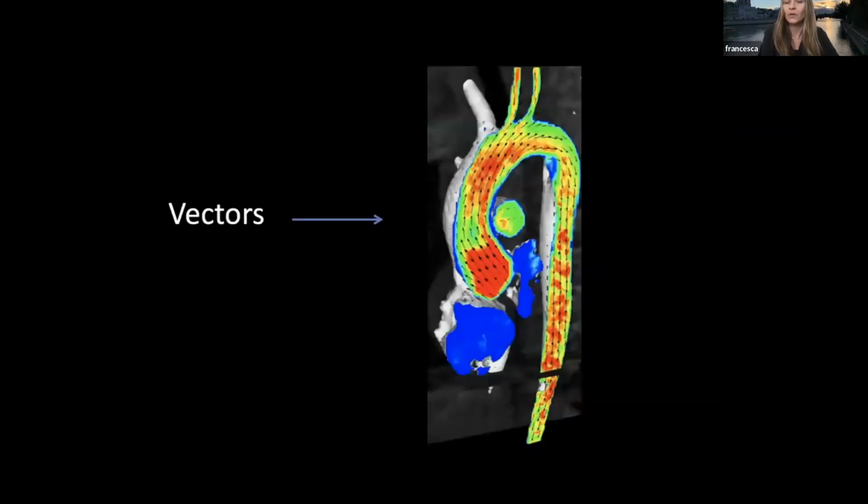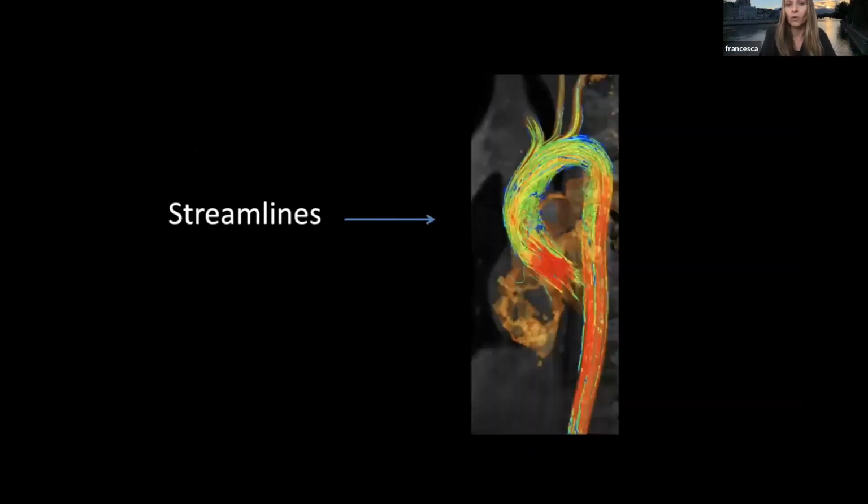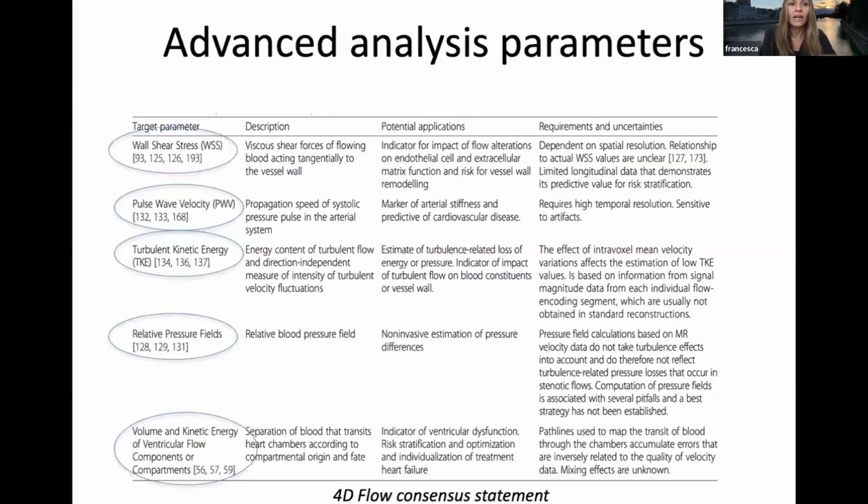You have vectors, because for all points you have your 3 vectors in space. You have velocities for all the points, and then you can follow your point, and so your velocity, in time, so the streamline, because it's a 3D acquisition in real time. In this consensus there were the classical parameters, and then some advanced analysis parameters were proposed, but they were really embryonal in terms of research in 2015.